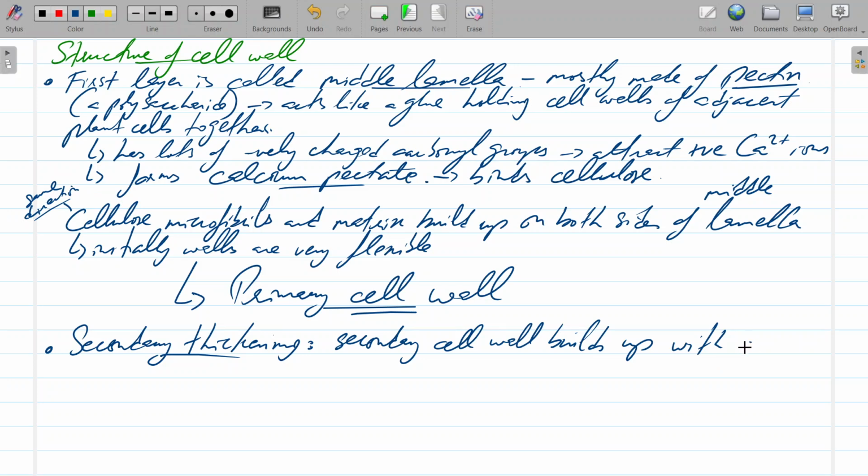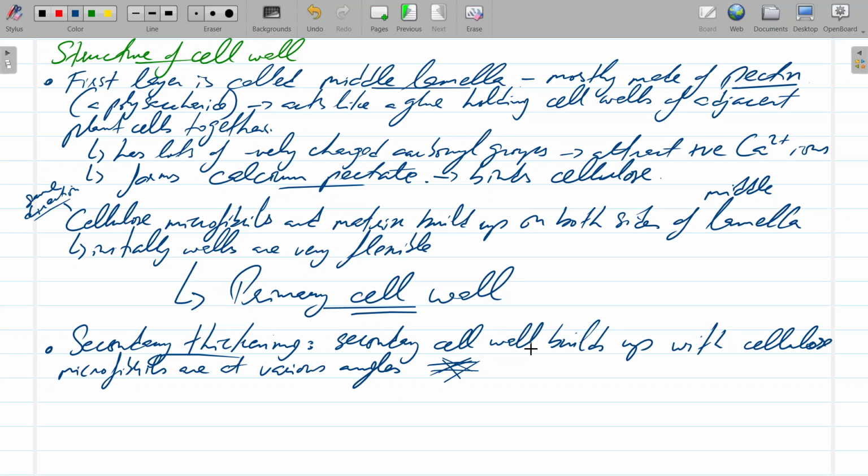Over here, the microfibrils are placed at various angles. Right, so they're going everywhere. And so you can sort of imagine that that's going to reduce the flexibility.